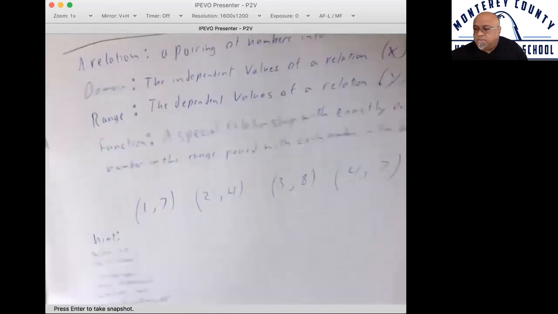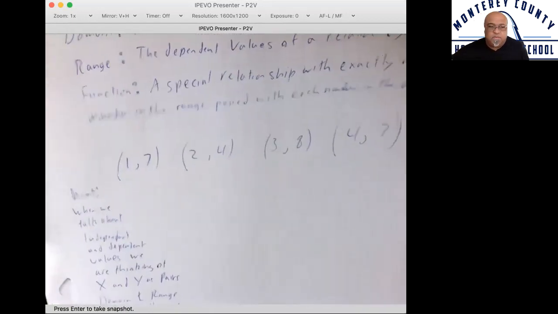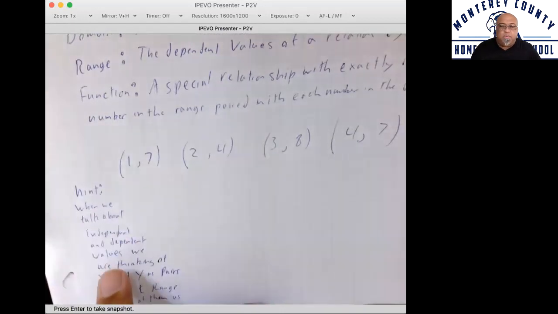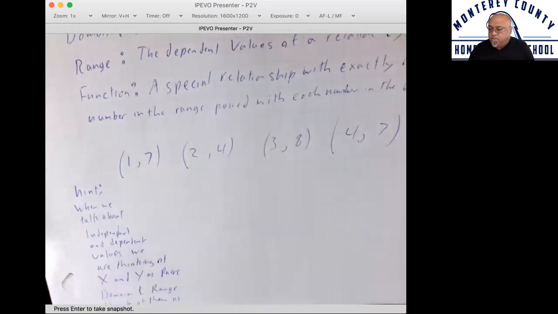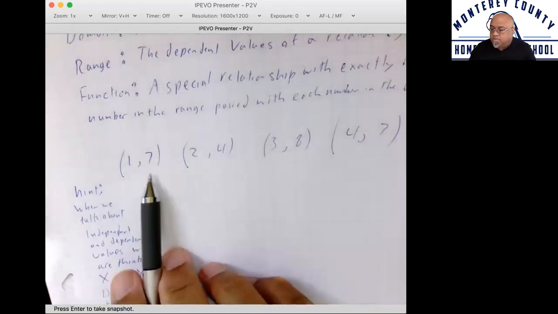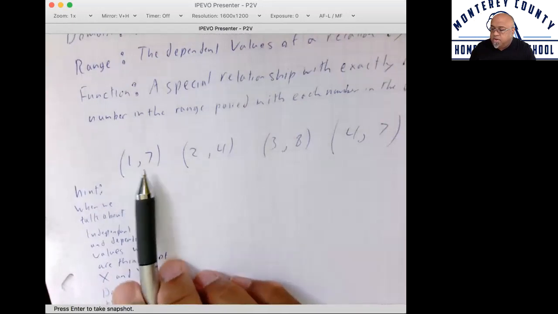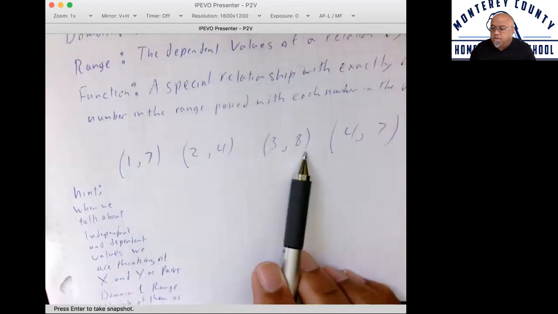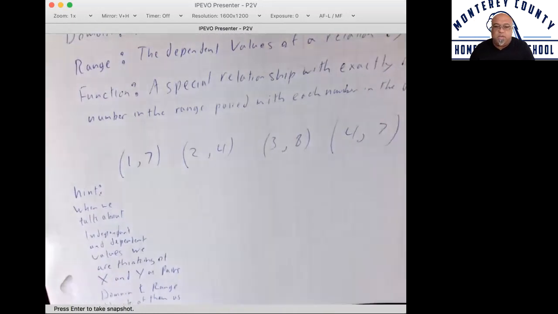The hint basically states, when we talk about independent and dependent values, we're thinking of x and y as pairs. So as you can see, I have pairs of x and y. Independent, dependent, independent, dependent, independent, dependent, independent, dependent.